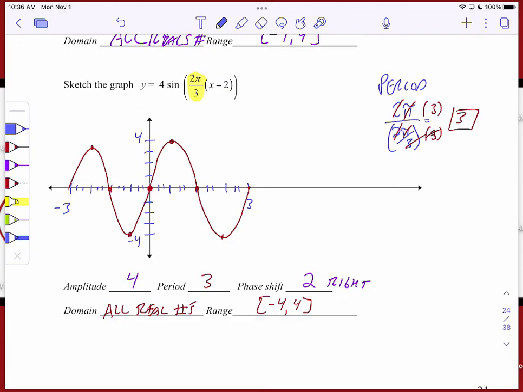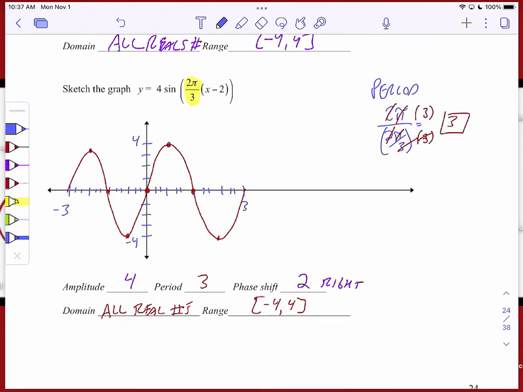I went from 4 spaces to 12 spaces. And now, when I have 12 spaces, and each space is equal to 1/4, because 3 divided by 12 is 1/4, I know 8 spaces right is going to do the trick. So I'm moving every dot 8 spaces right.